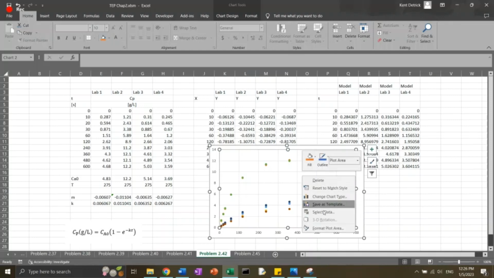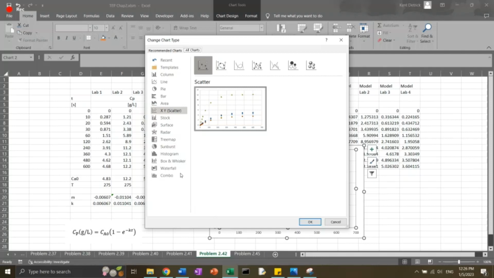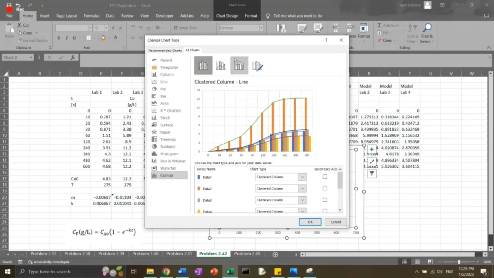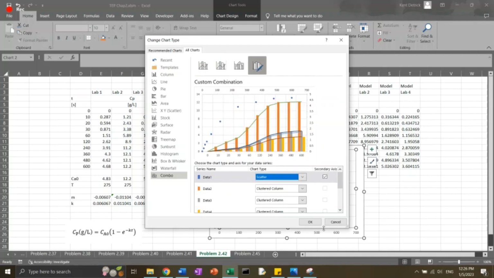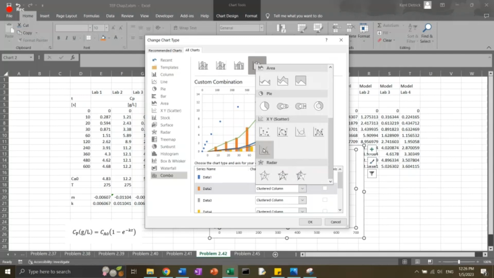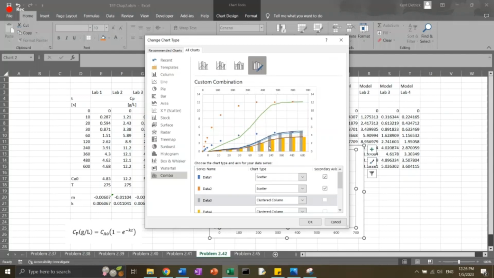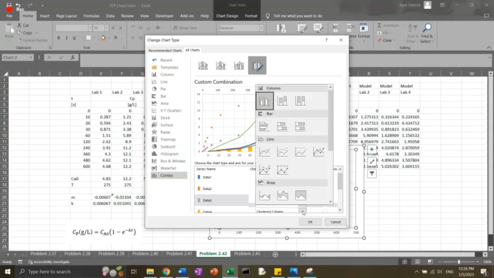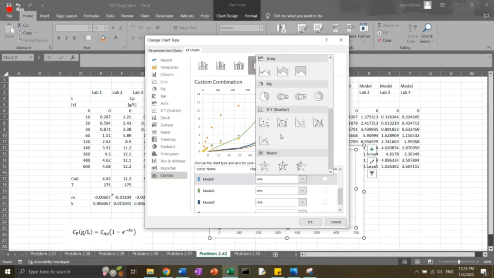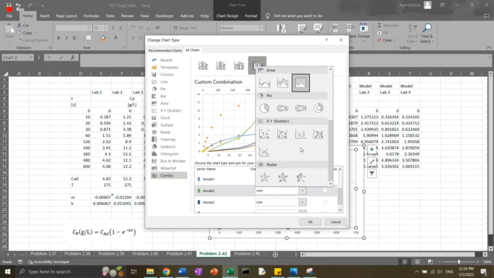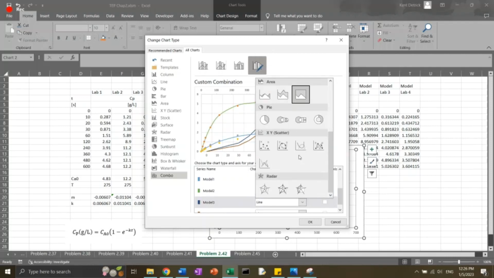So let's change the chart type to a combination. Let's do, all the data will be a scatter plot. So let's change all the data to scatter. And then let's change all of these to a smooth line, scatter with smooth lines.